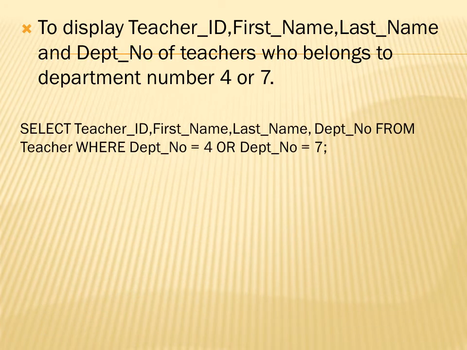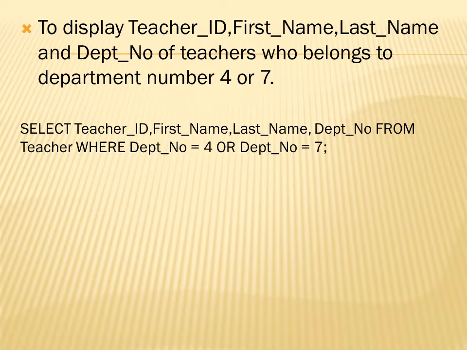See, select the attributes that you want to see: the teacher id, first name, last name and department number. From which table? The table name is teacher, where now what is the condition? Department number is equal to 4 or department number is equal to 7.